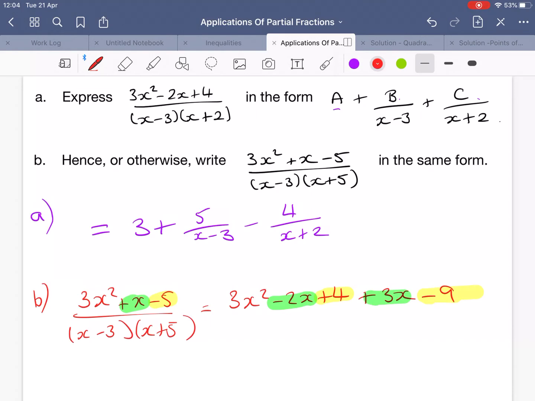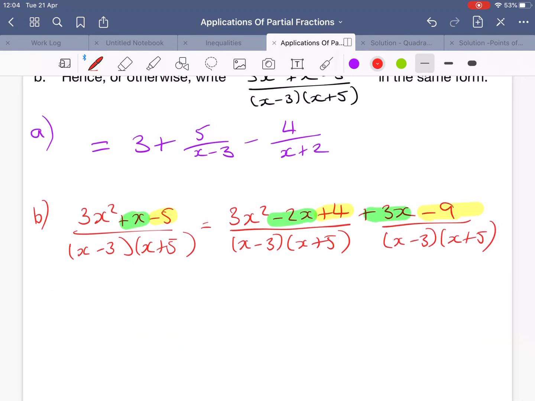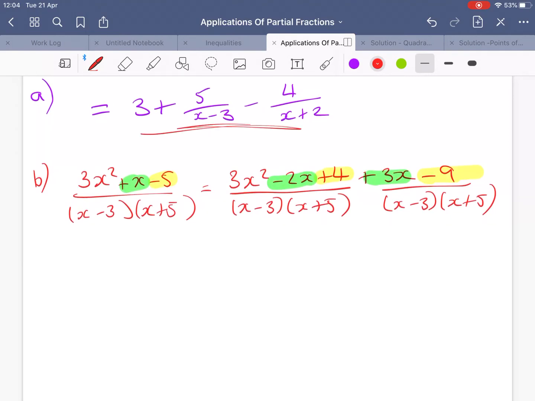And again, all of that is over the double bracket, but I'm going to write them separately because I know I'm going to have to cancel, and I know I'm going to use the partial fractions. So I'm going to substitute this here. So that's going to be 3 plus 5 over x minus 3 minus 4 over x plus 2.